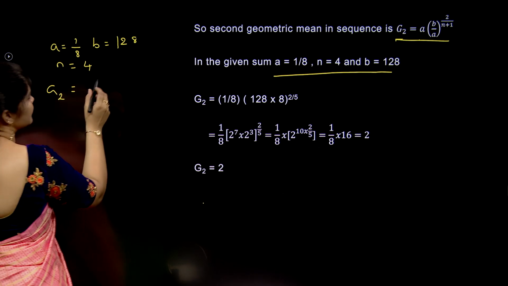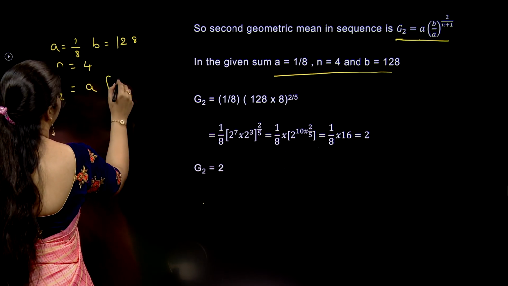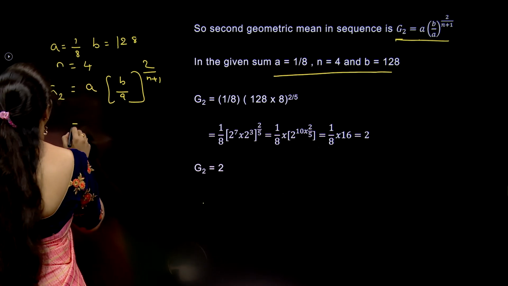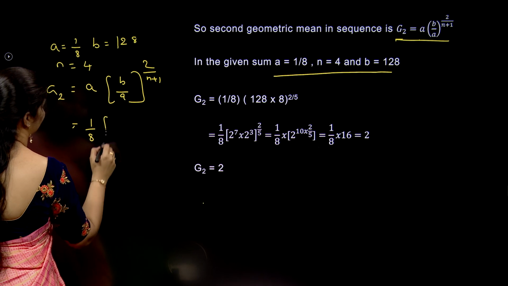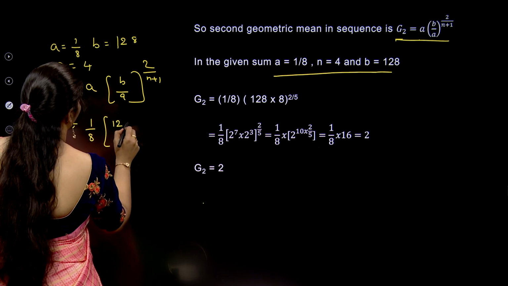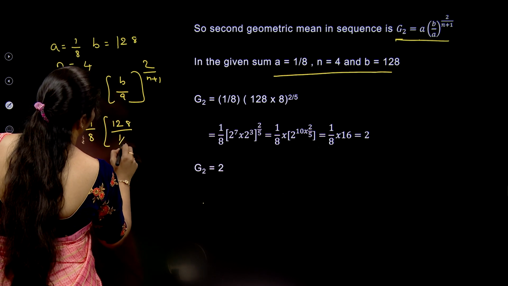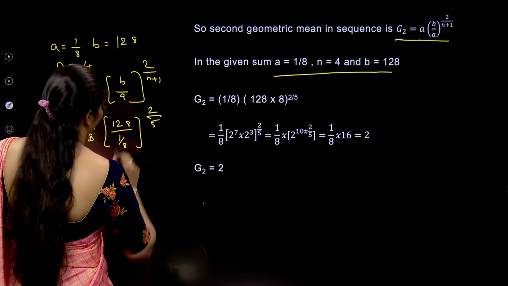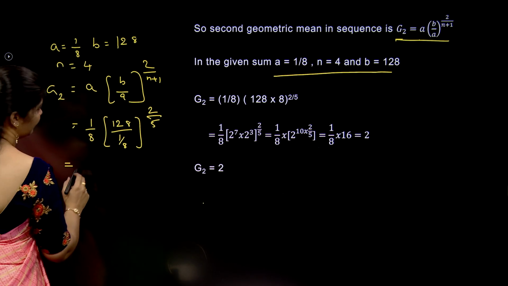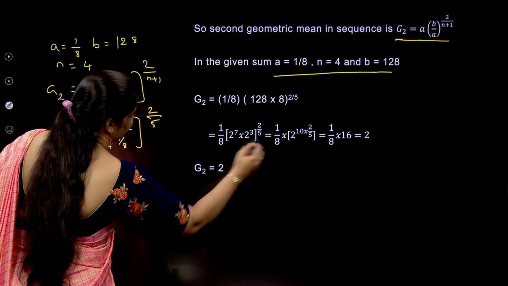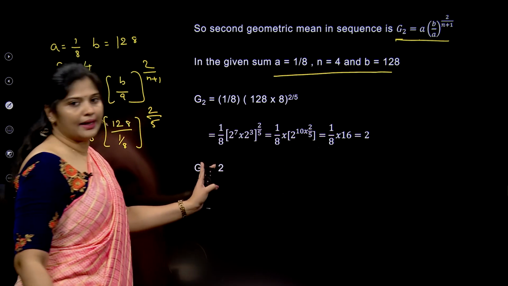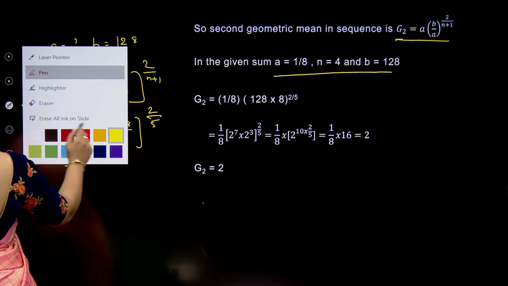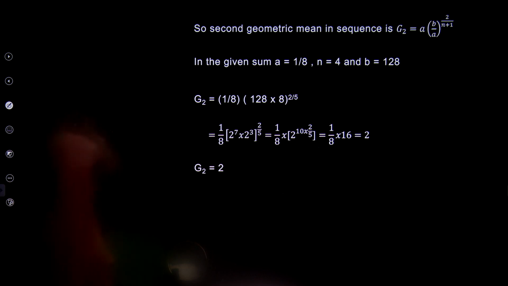Then G2 equals 1 by 8 into 128 by 1 by 8, whole power 2 by 5. After solving the equation, we will get G2 equal to 2.